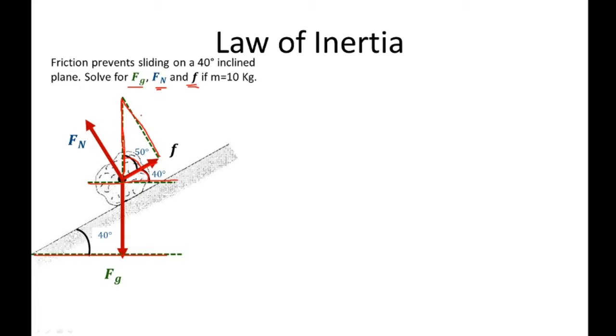So this one is equal to the normal force, and this one is our friction force, and this one is our force of gravity. You follow? So we can now solve these values right here.